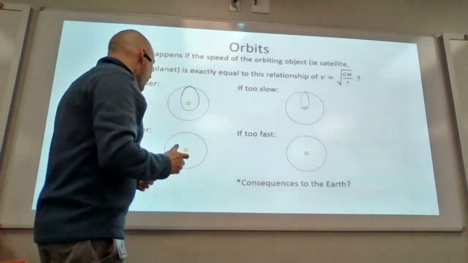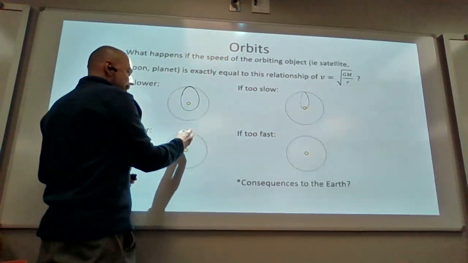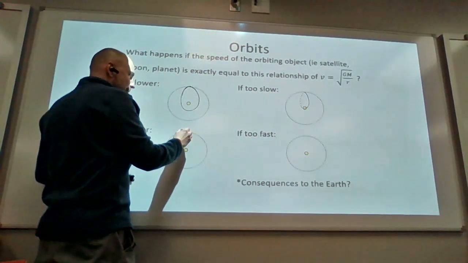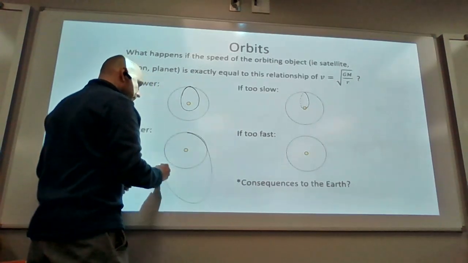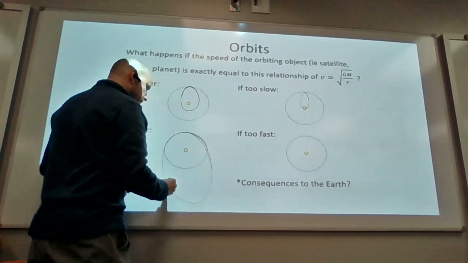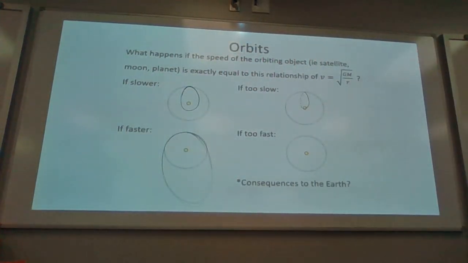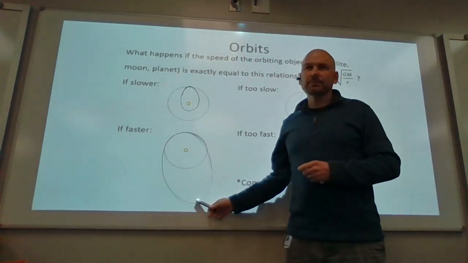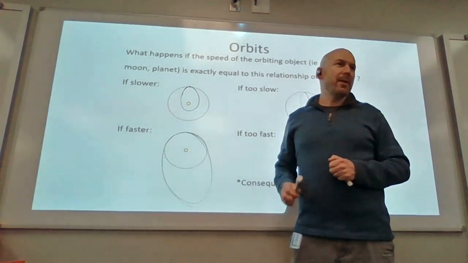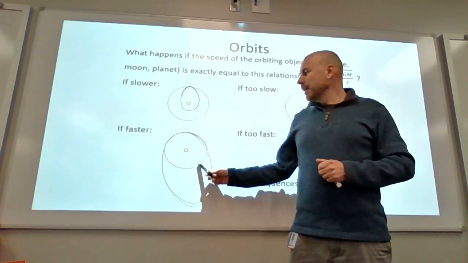If it's faster than that special speed, it's doing an ellipse as well. This would be pretty rough. It'd be frozen.